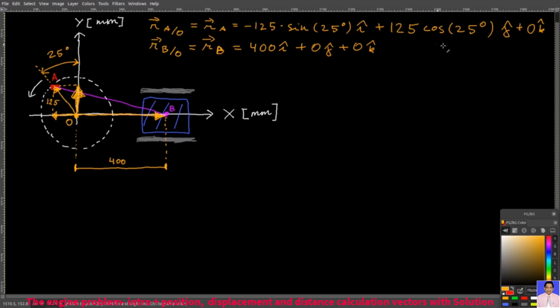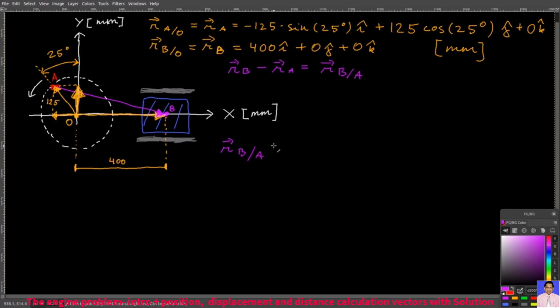And of course, both position vectors are in millimeters. Now what happens if I write RB minus RA? Well, you will get a displacement vector, RB with respect to A. So your displacement vector would start from point A and go to point B along your connecting rod.